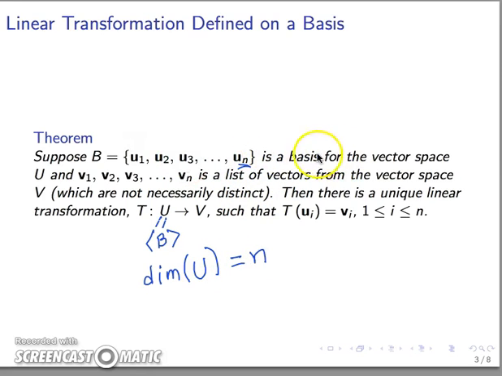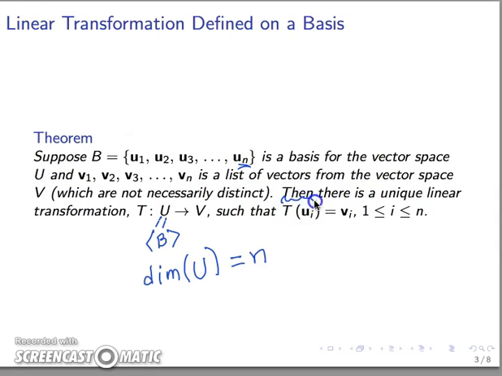Because there are n elements in this basis of the vector space U. And on the other hand, we have as many members of the codomain V as the dimension of the domain. These are not necessarily a basis for the codomain, and the domain and codomain could be the same set. And so suppose we have a basis for the domain, and suppose we have as many members of the codomain as the dimension of the domain.